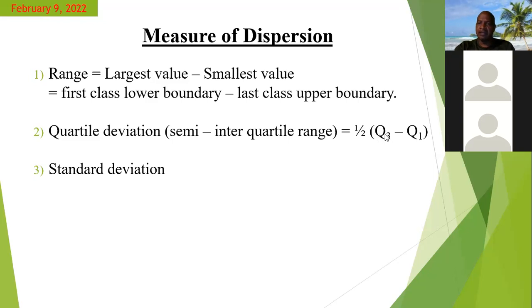So you read the values for these off your ogive, your cumulative frequency curve, take away the lower one from the upper one, and then you multiply it by a half. And so that's how we calculate our quartile deviation, also known as semi-interquartile range.